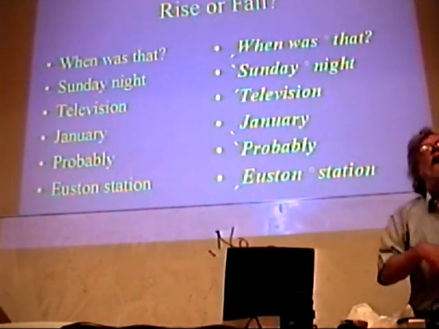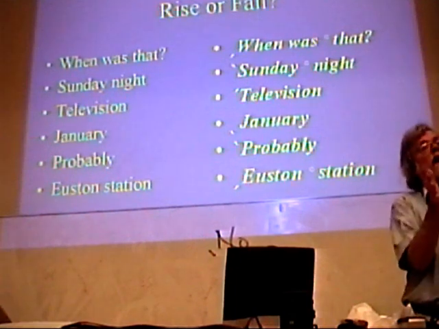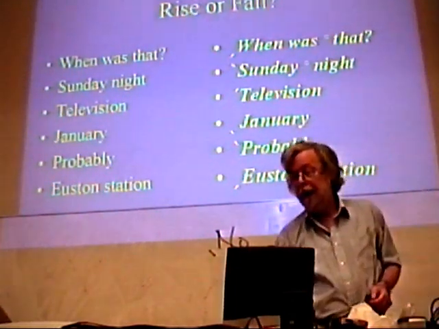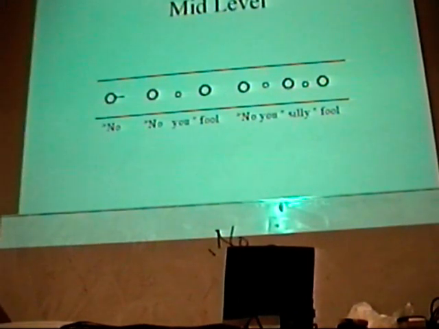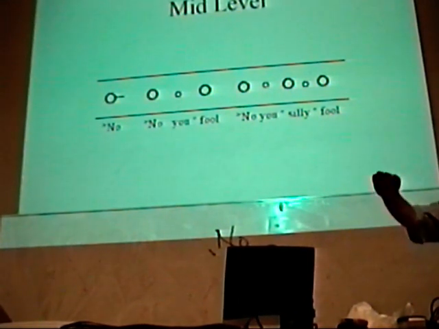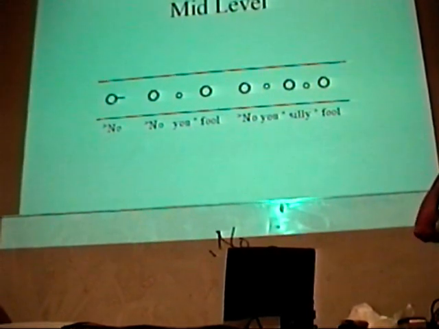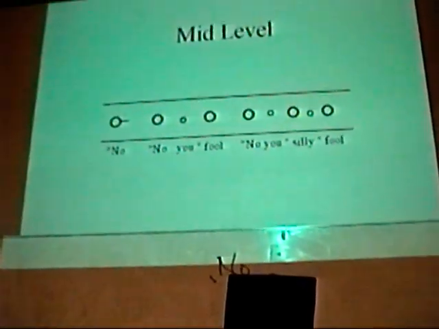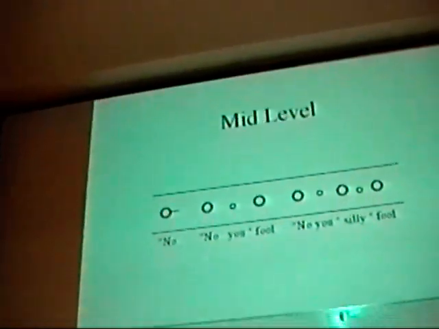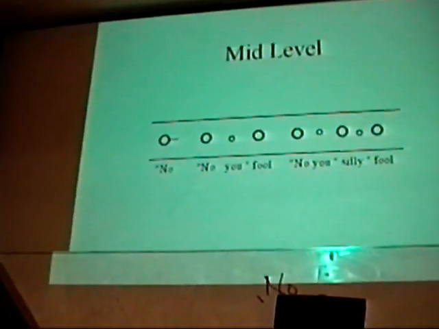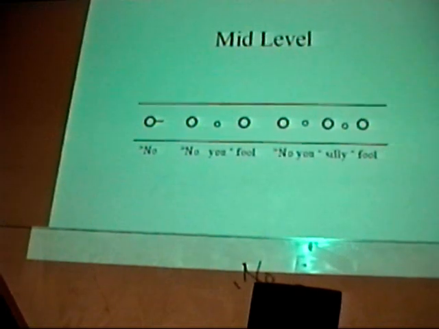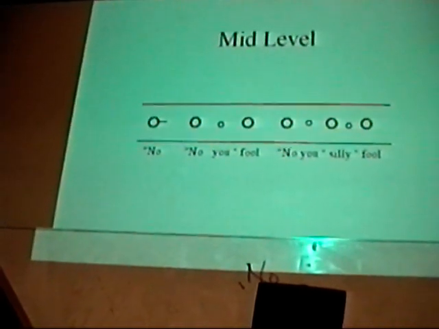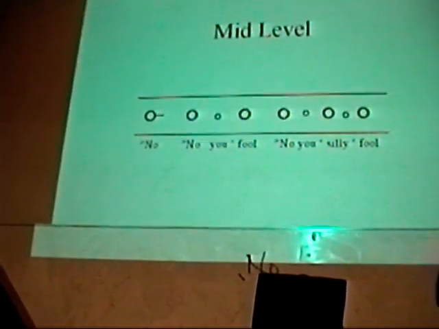Okay. The last one of this group of nuclear tones is this. It's called a mid-level. And it just does that. It doesn't change. It stays level, more or less in the middle of the speaker's pitch range. It may be a bit higher than the middle, it may be a bit lower. It's not very high, it's not very low, somewhere in the middle. And the tail, if there are any tail syllables, are all low and level.